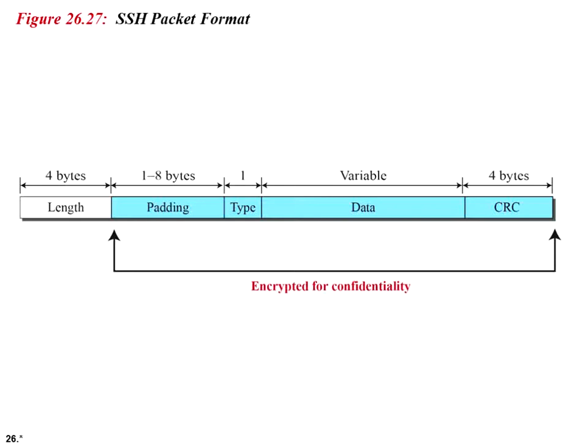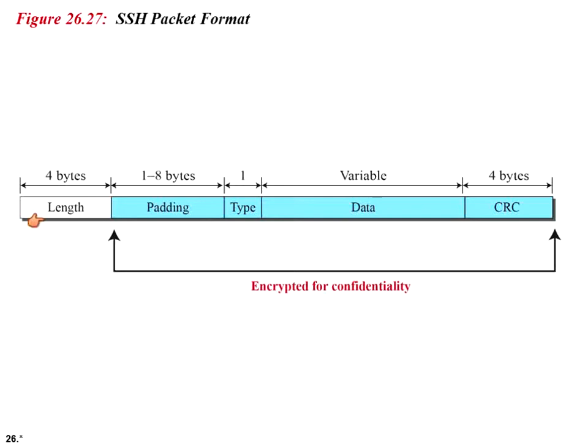Now from padding to CRC, these fields are encrypted for confidentiality. Encryption, you know, is converting the plain text to ciphertext. And at the receiver side, we convert the ciphertext back to plain text, and this is called decryption. So this is done from a security point of view.